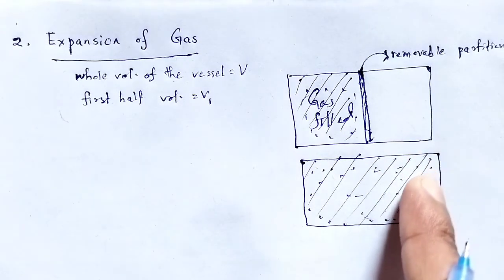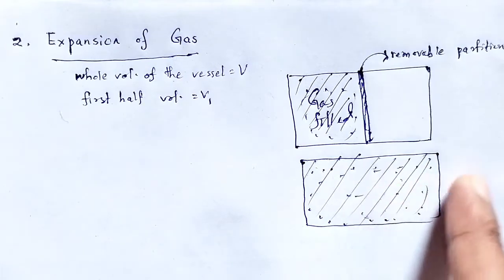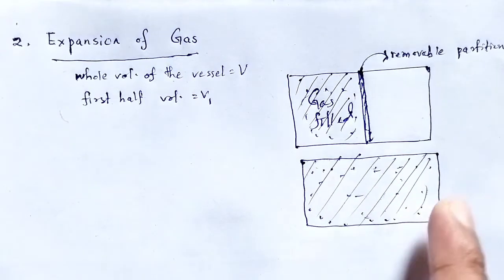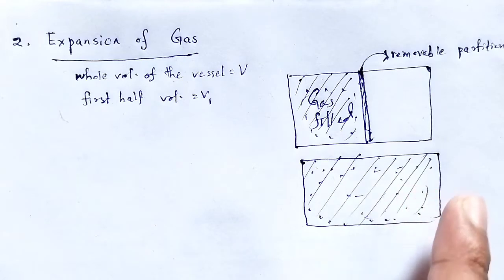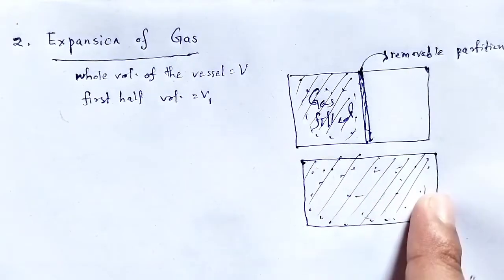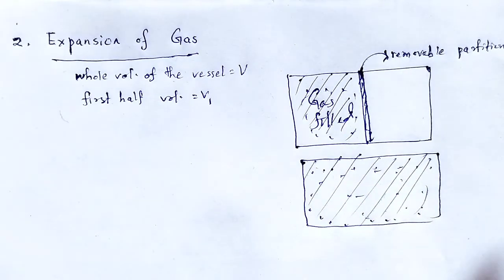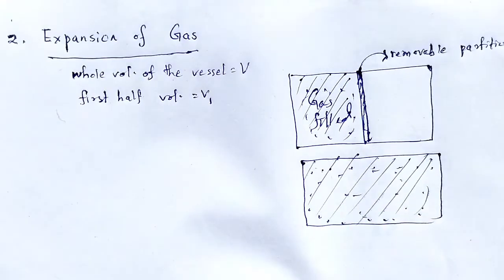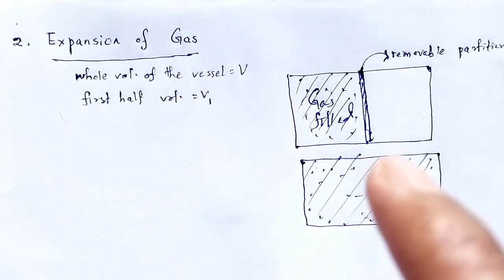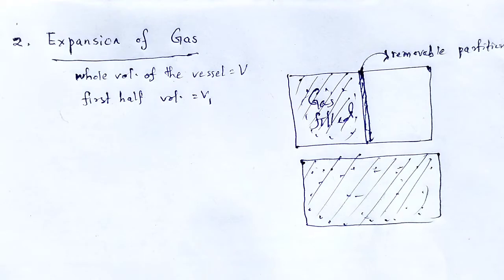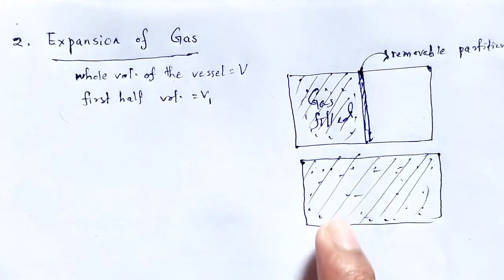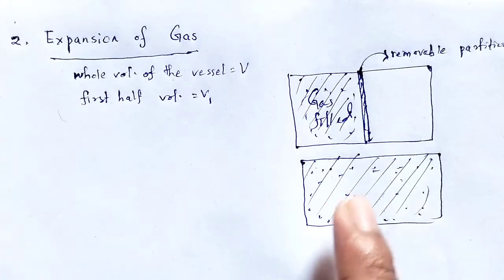When we remove the partition, the gas will expand and occupy the whole volume V of the vessel. In this process, the gas expands and its volume gradually increases. We know that the thermodynamic probability W depends upon the number of available cells, which in turn depends upon the volume.